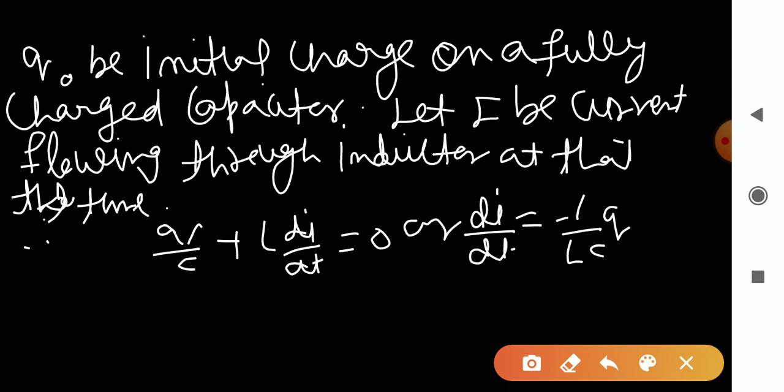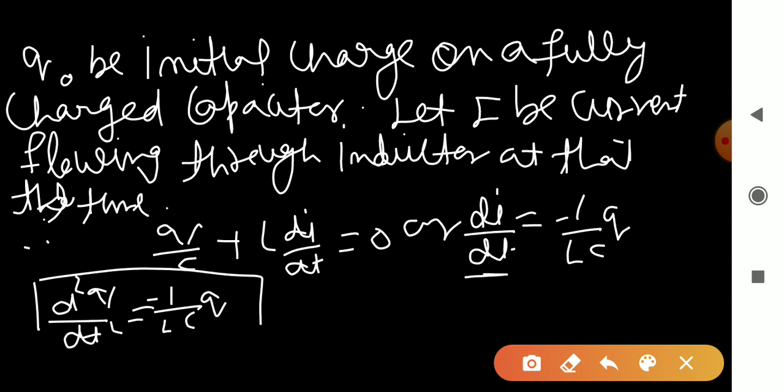And we know that I is equal to dq over dt, so we can write this equation as d square q over dt square equal to minus 1 upon LC into Q.